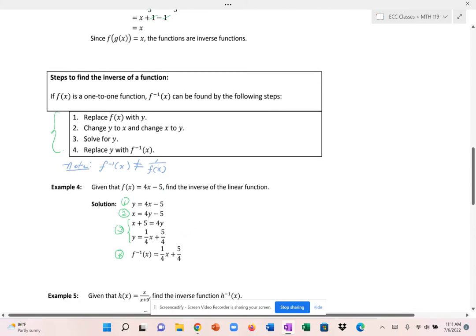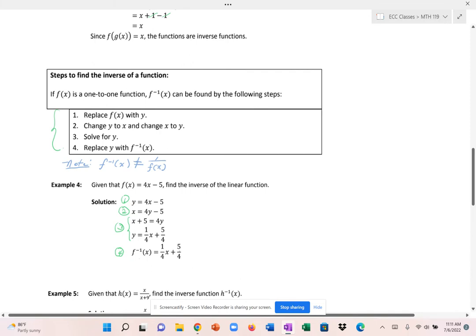You can always check to make sure that you didn't make a mistake by taking f of f inverse of x. If it is just x, then you know you did it correctly. And this one is correct.